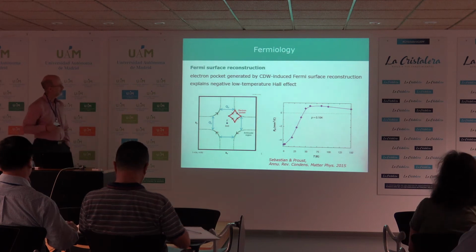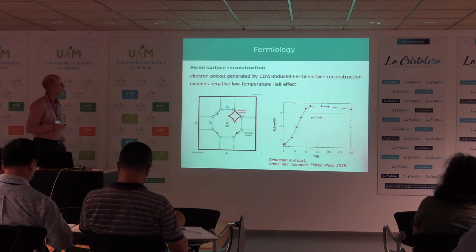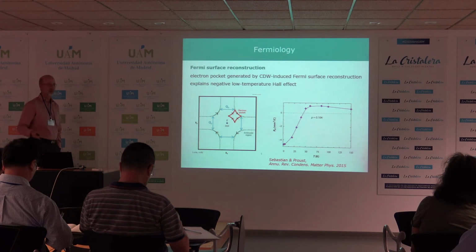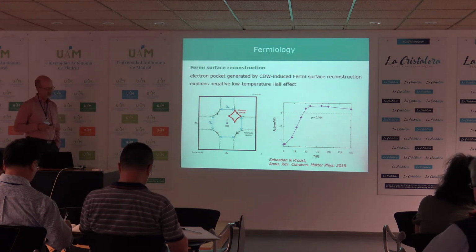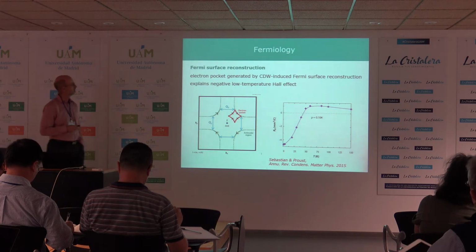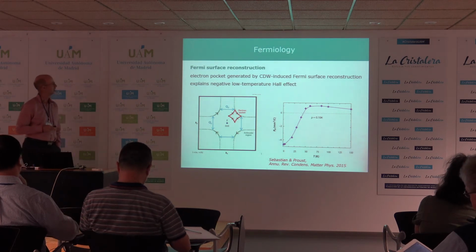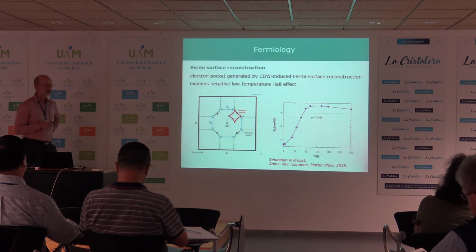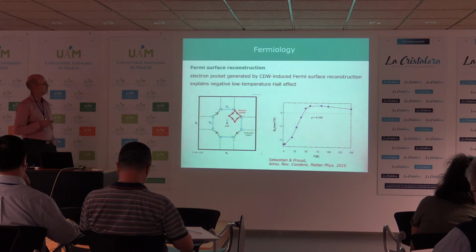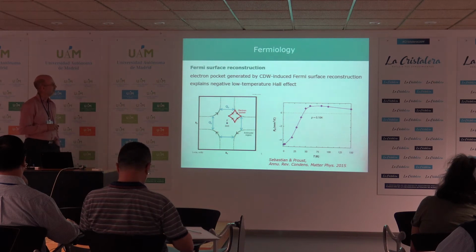Before highlighting the competition with superconductivity, let me just remind you, I don't have to really go into any details, of some of what Cyril has said. If there were a charge density wave with this wave vector, it would give an explanation for the formation of electron pockets through the associated Fermi surface reconstruction.